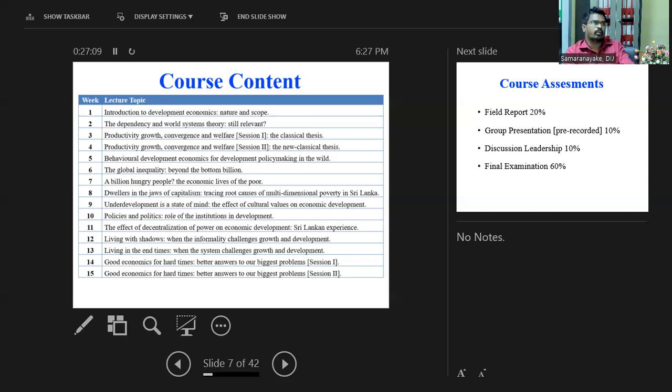And then we have number 9, underdevelopment is a state of mind, the effect of cultural values on economic development. This is also very important, because when it comes to Sri Lanka especially, or South Asian countries, and especially Asian culture, there could be a lot of cultural values embedded in the development process.